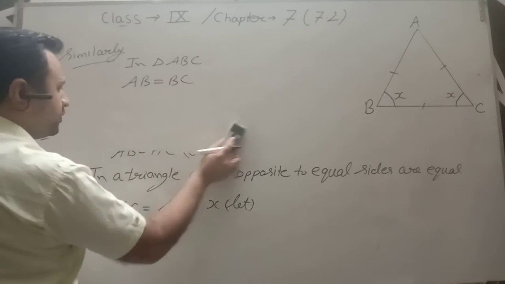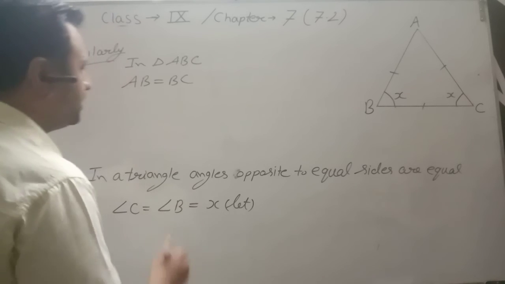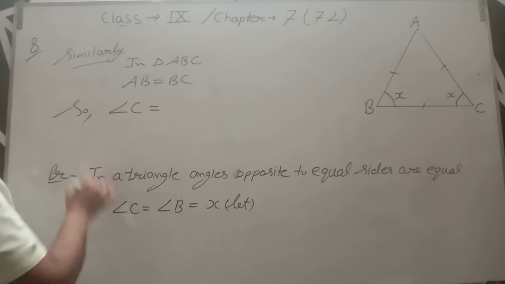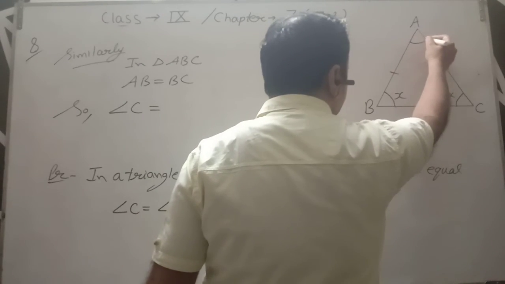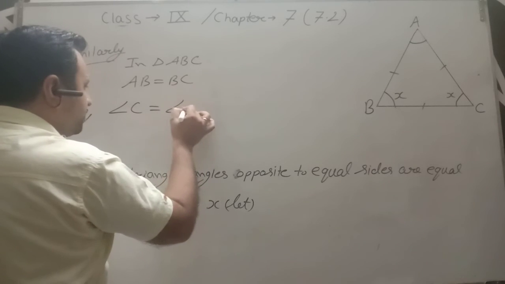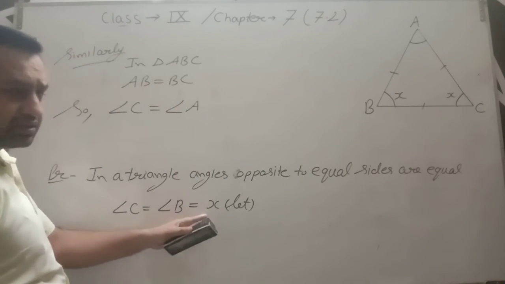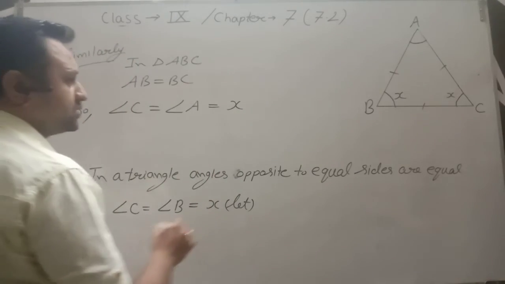Again using the same property, what is the opposite angle of side AB, which is angle C, and what is the angle opposite to side BC, which is angle A? So both angles are equal, and since we supposed that angle C is x, these angles are equal to x.